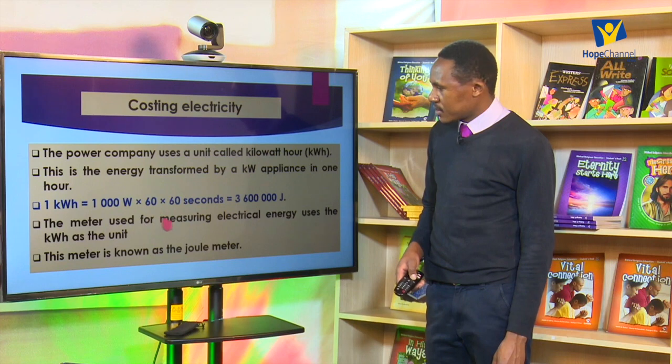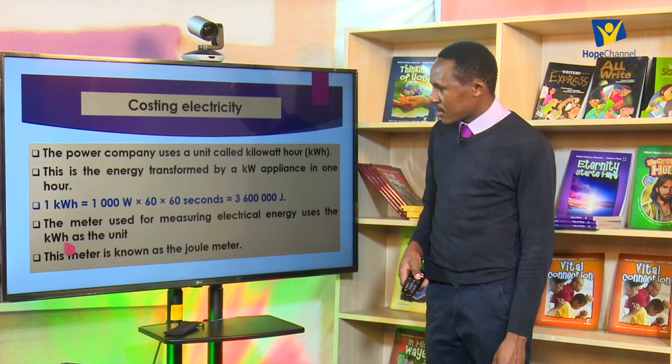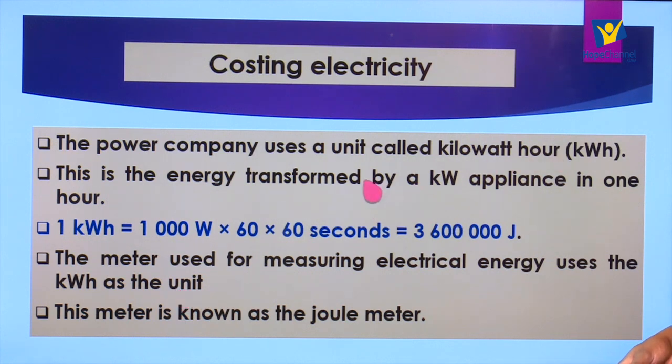So the meter used for measuring the electrical energy uses the kilowatt hours as the units. These are the units you're going to see on the meter that registers what is consumed. So this meter is known as the joule meter because ideally it is measuring energy, it is recording the energy consumed, and the SI unit of energy is a joule. So sometimes it's called a joule meter.